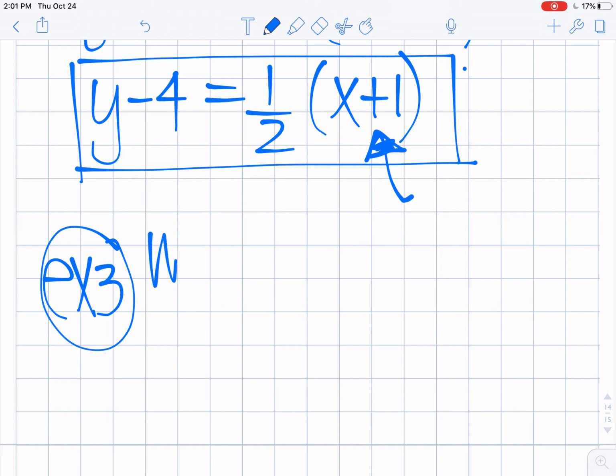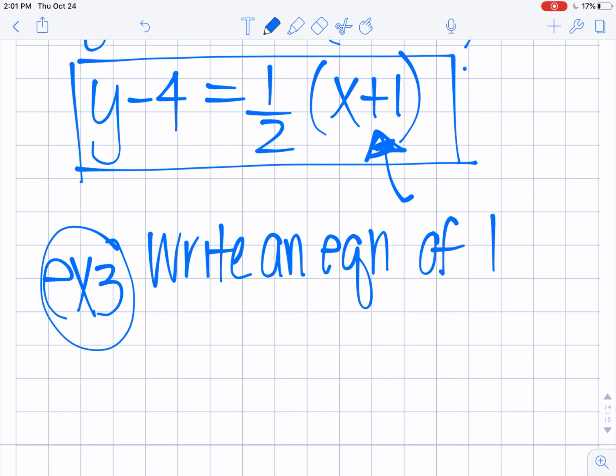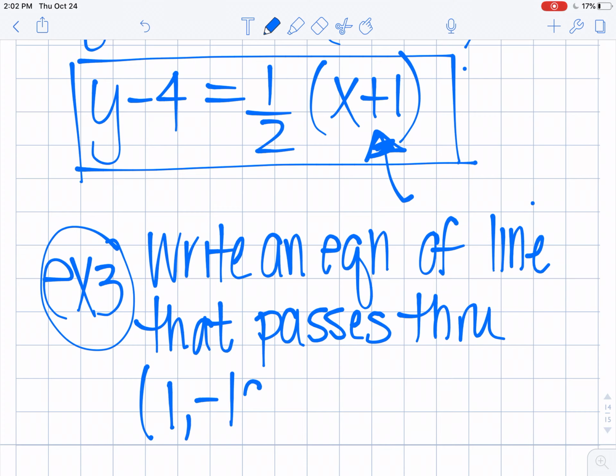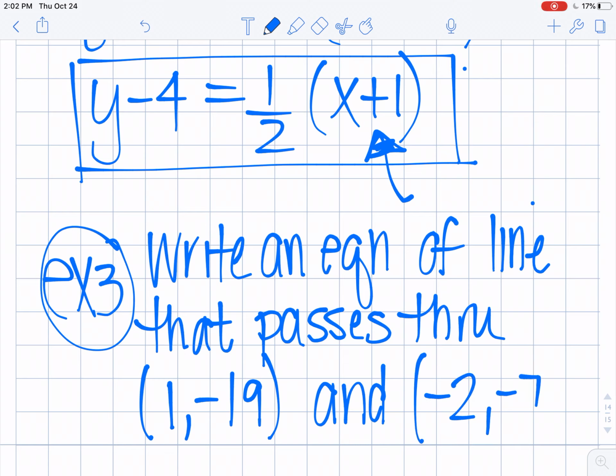I want you to write an equation of a line that passes through the following points: (1, -19) and (-2, -7).